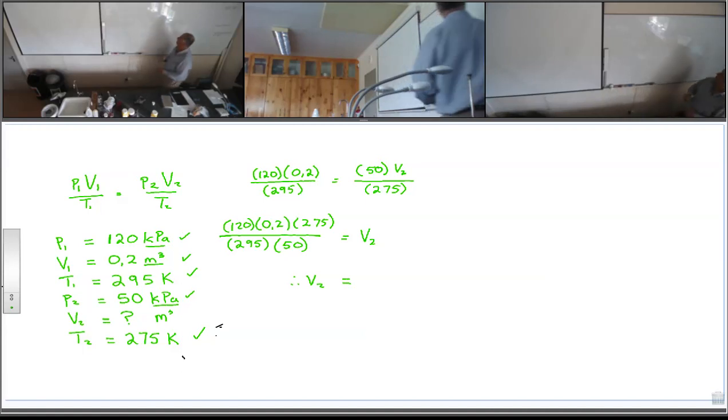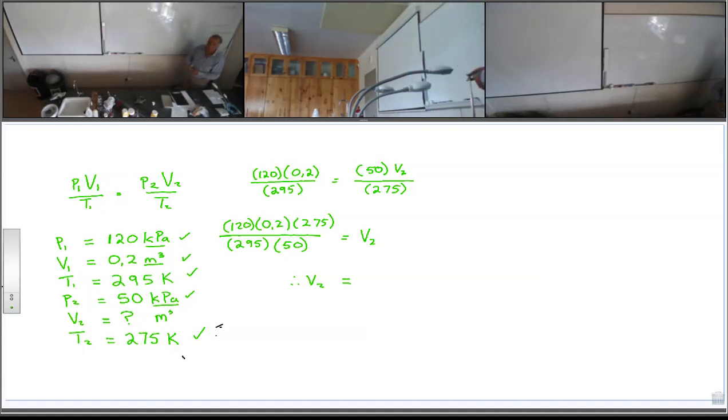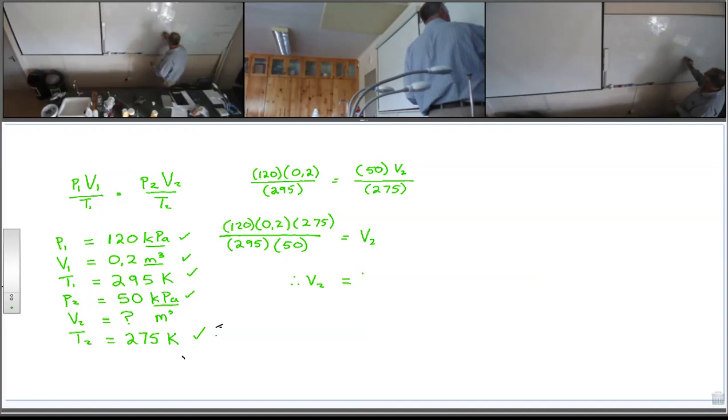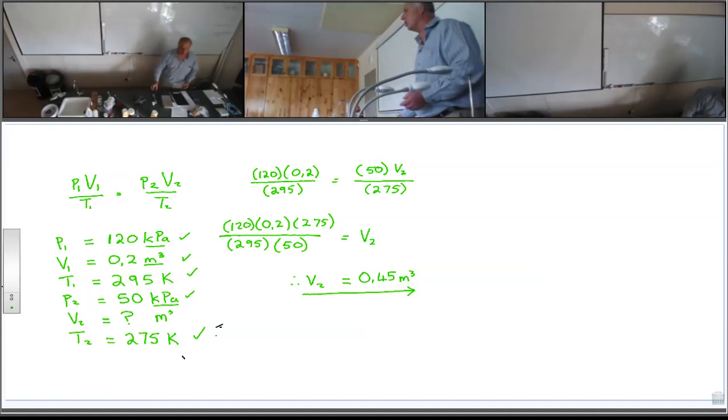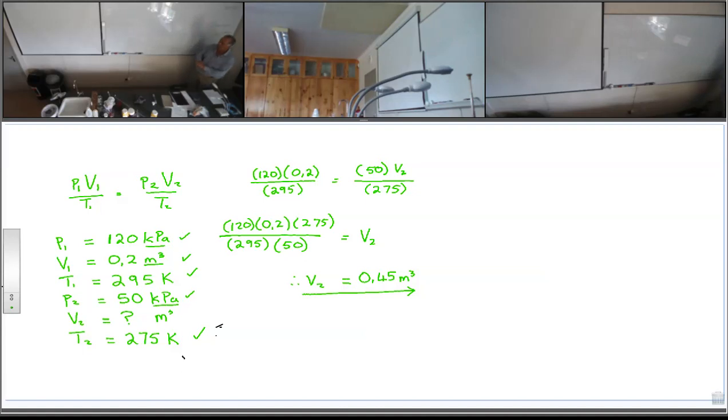What does V2 work out to be, please? 0.45. What unit? Meters cubed. There's your answer. What do you notice if we look at the question that we originally started with?